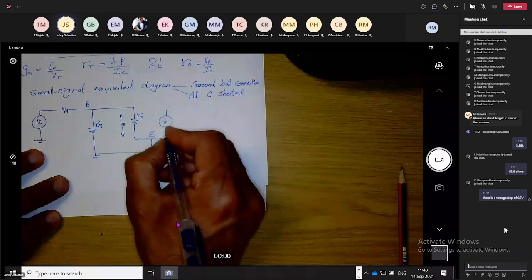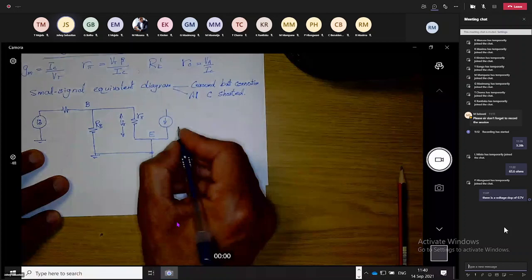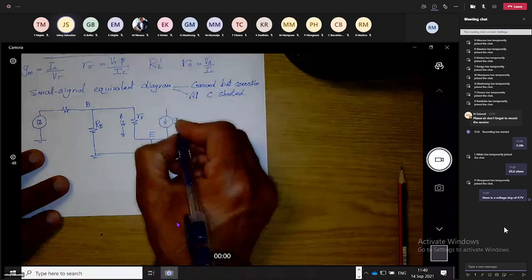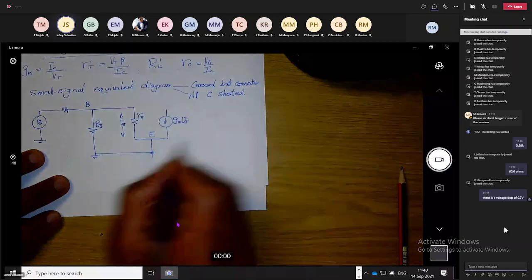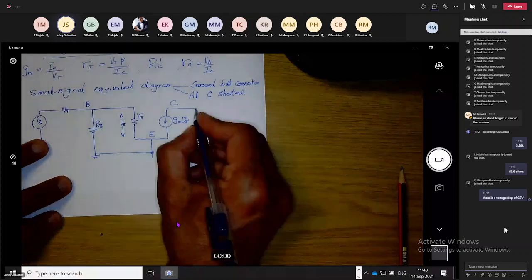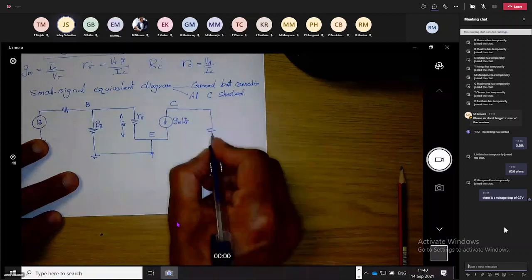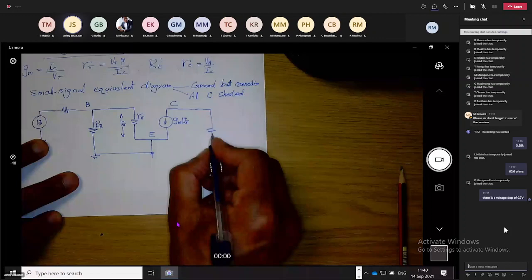The signal collector current, we call it GM V pi. That point is the collector. At the collector, we have RC and RL. If R naught is given, include that as well.